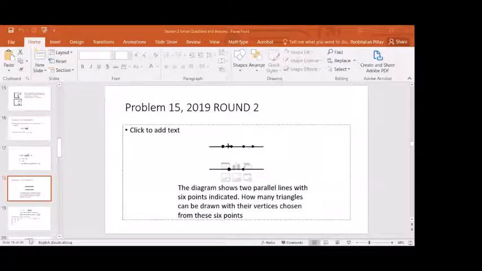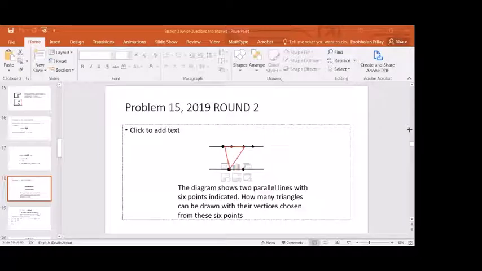Okay, you can have a number of triangles. If I take an example of one particular triangle, for instance, I could take this triangle here. And then, oops, go up to that point.